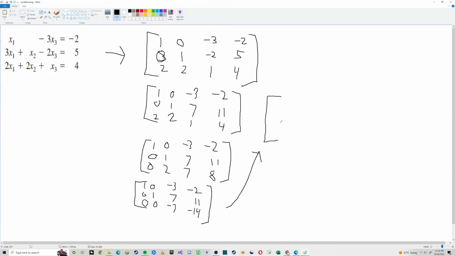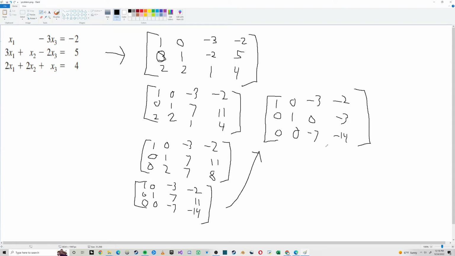Our top row is going to be unchanged: 1, 0, negative 3, negative 2. We're going to add our bottom row to our middle row. So that's 0, 1, 0, and then negative 3. And our bottom row is unchanged: 0, 0, negative 7, negative 14.